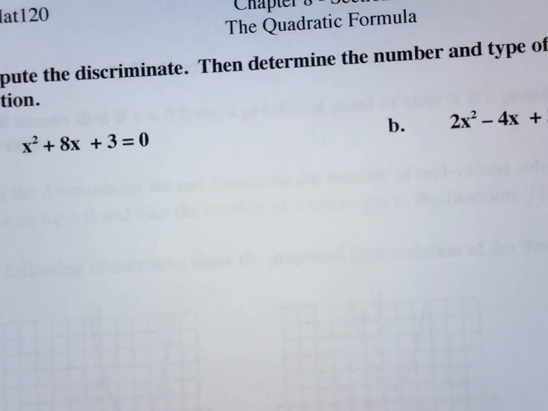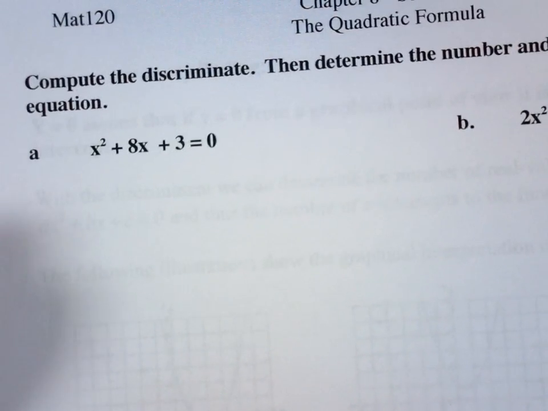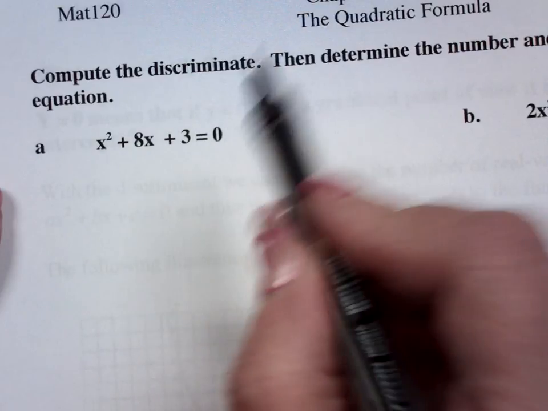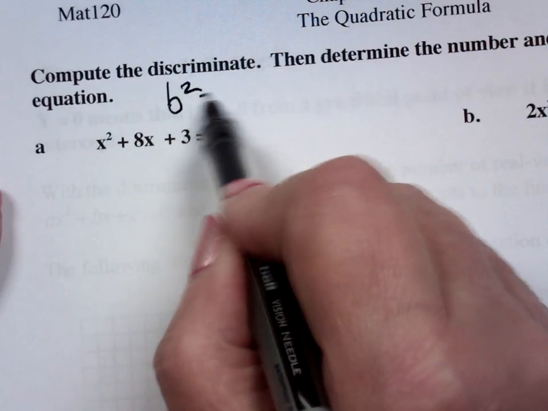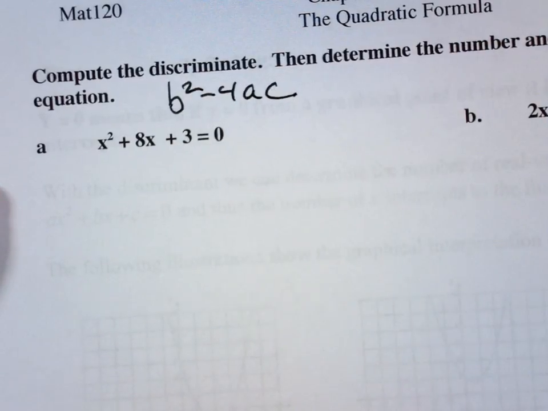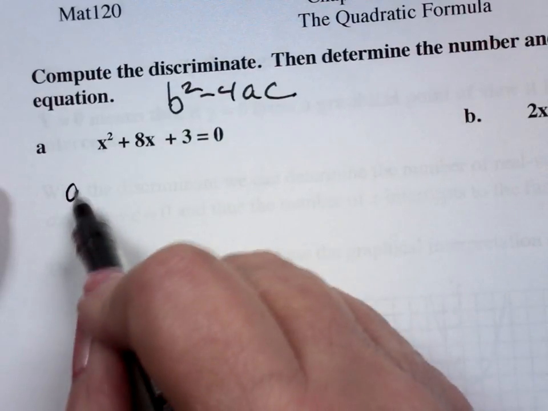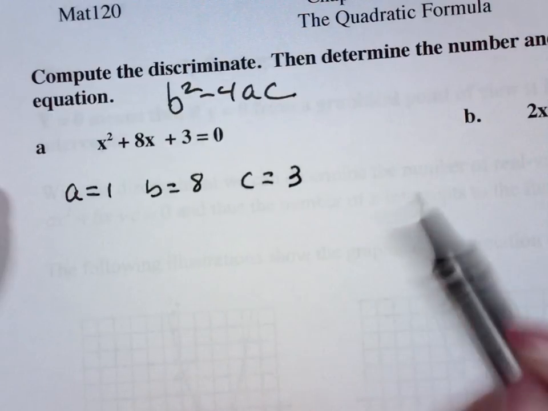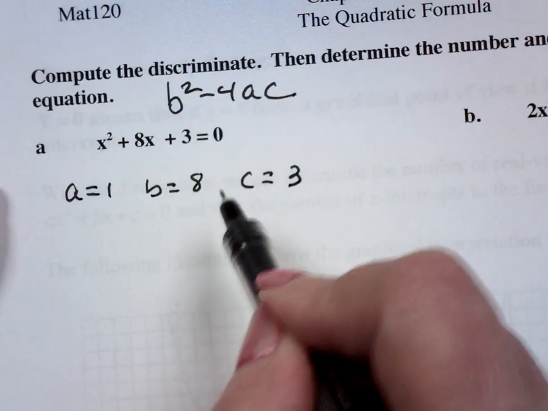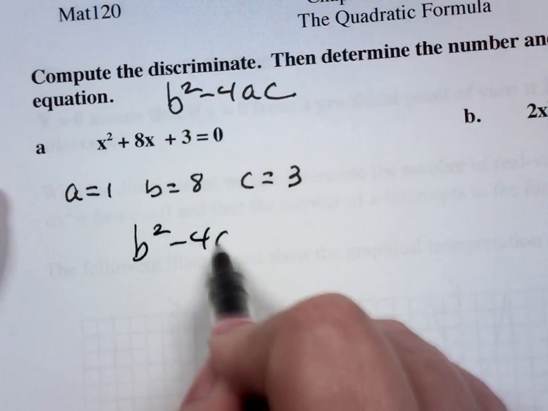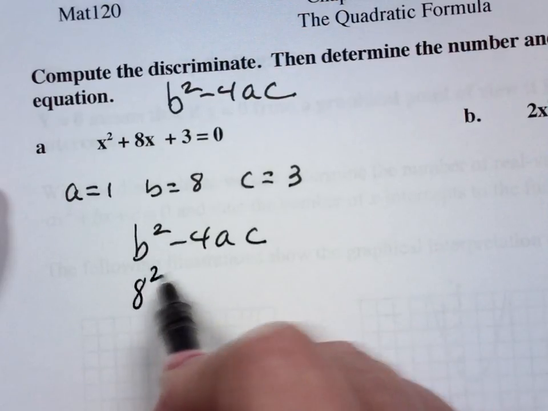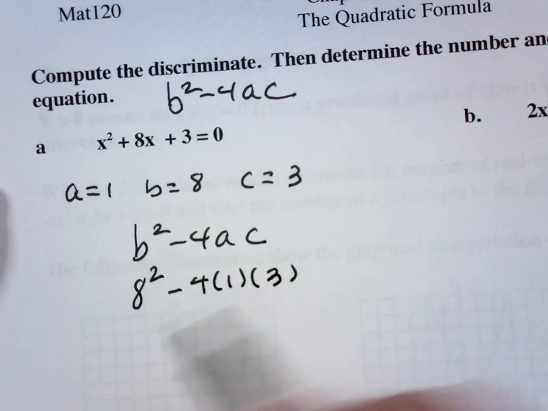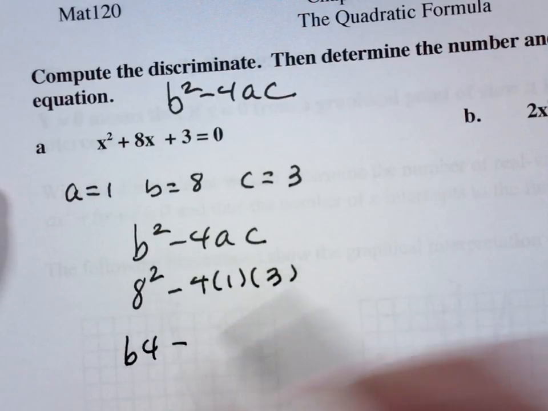So as I look to compute the discriminant, what kind of solutions do I have? Well, all I'm interested in, the discriminant, remember, is b squared minus 4ac. So a is 1, b is 8, c is 3. So b squared minus 4ac is going to be 8 squared minus 4 times 1 times 3, which is 64 minus 12.